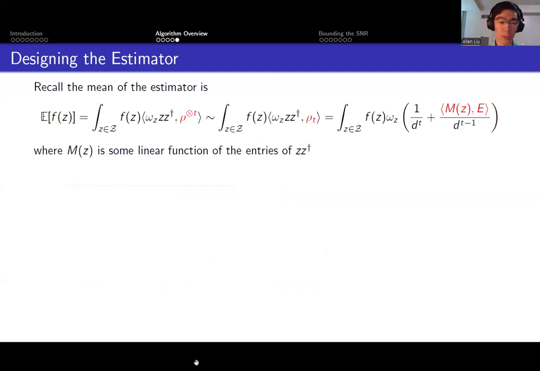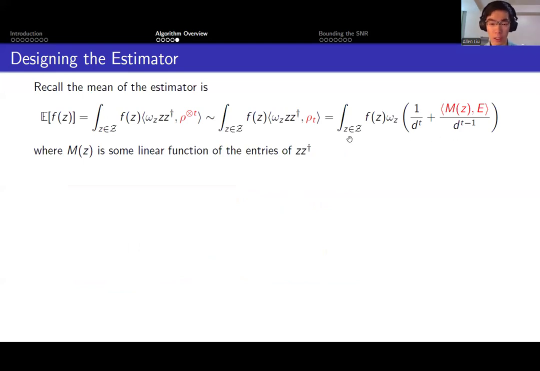Now let's discuss how we can design the estimator. Recall that we have the mean of the estimator, and then we replace these t entangled copies of rho with the linear approximation. Then we can write the mean of our estimator as the following expression, where all we did is use the fact that rho sub t is a linear function of e.